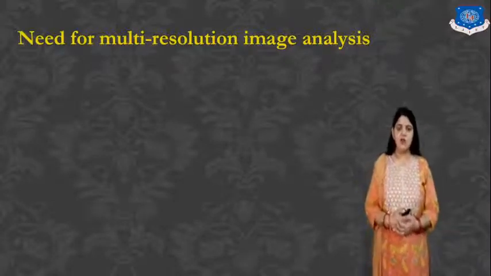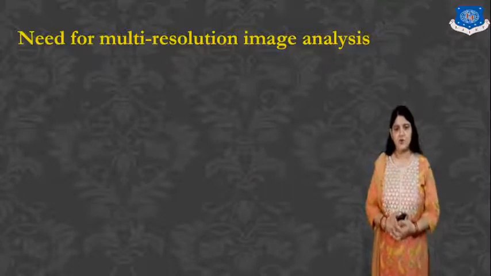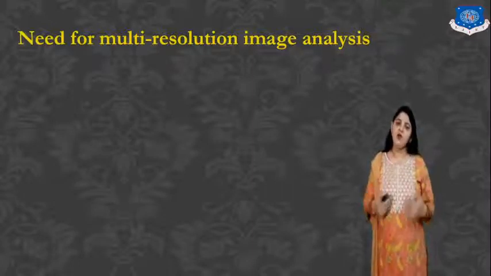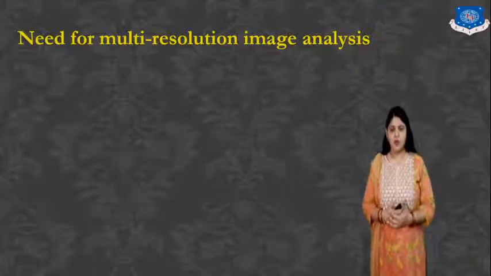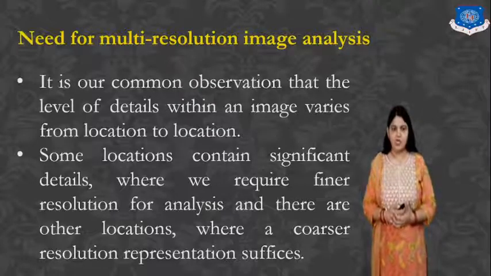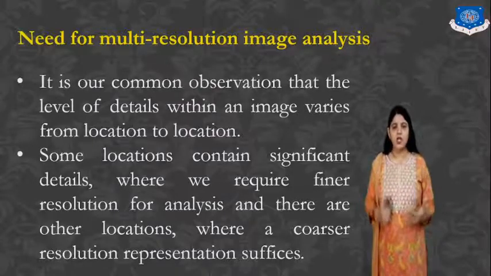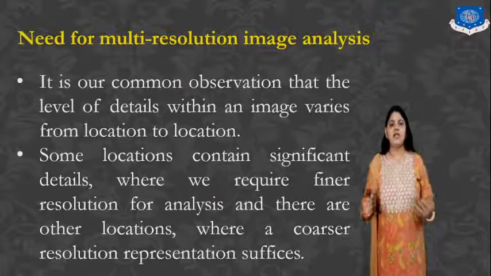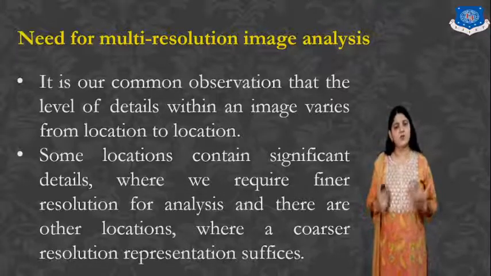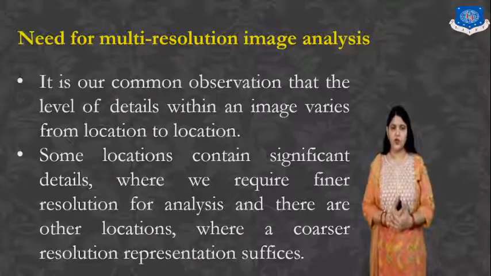As we know, in the wavelet transform we take different scales for the different components, and we can get an image having very high resolution. Our common observation is that the level of detail within the image varies from location to location.